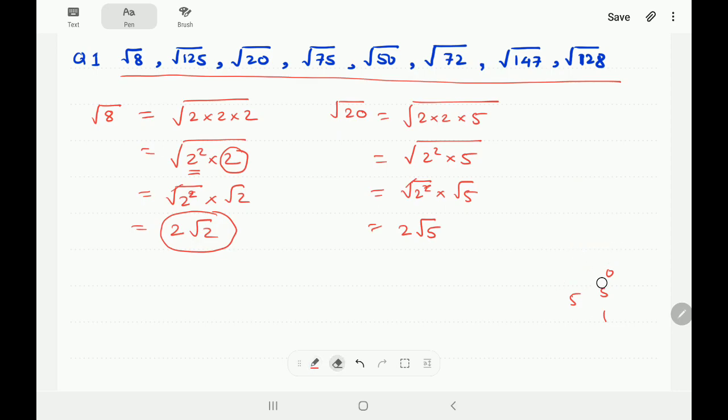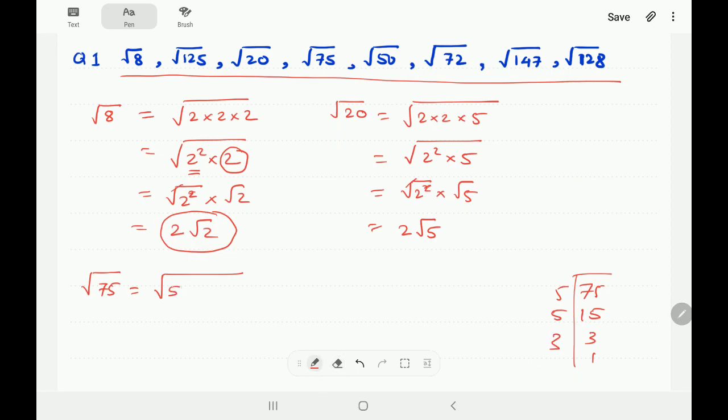Let me go for some difficult numbers like root 75, root 50. Let's try root of 75. How can you express root of 75? 75 can be divided by 5. 5 15s are 75, 5 3s are 15, 3 1s are 3.